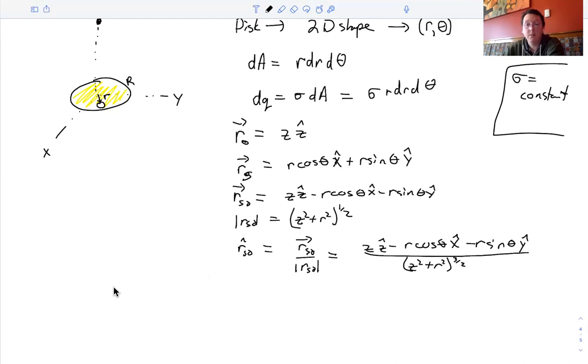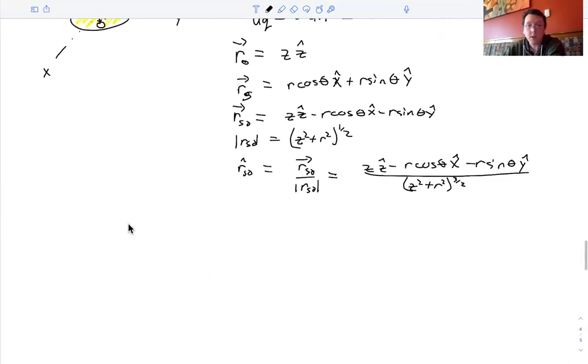All right. At this point, let's work out the charge. Let's start with a trivial statement: the charge equals the sum of all the little bits of charge. That's true, but it's not very useful. We want to turn that into an integral over areas. So that becomes the integral of sigma dA.